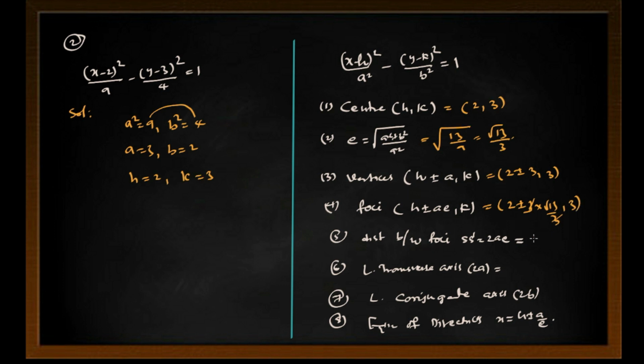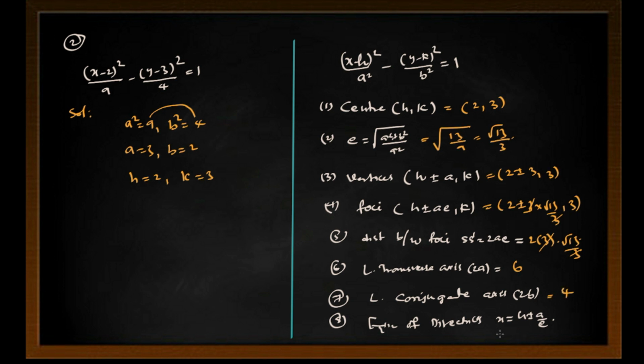And distance between the foci is 2ae. A value is 3, 2 into a, a is 3, e value is root 13 by 3. 3 cancel, so 2 root 13. Length of transverse axis 2a, 2 3s are 6. Length of conjugate axis 2b, 2 2s are 4.